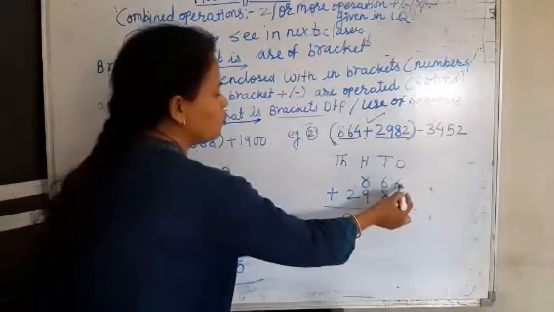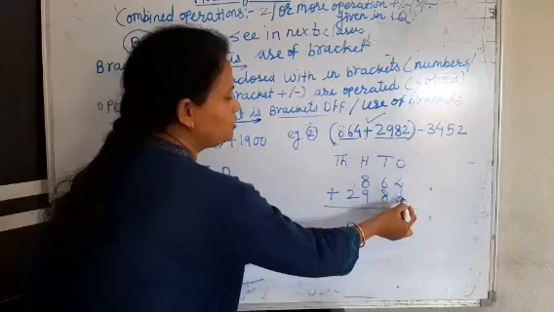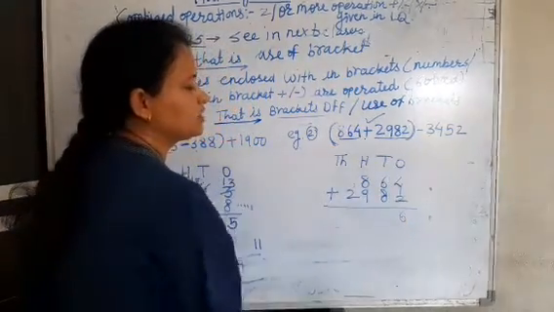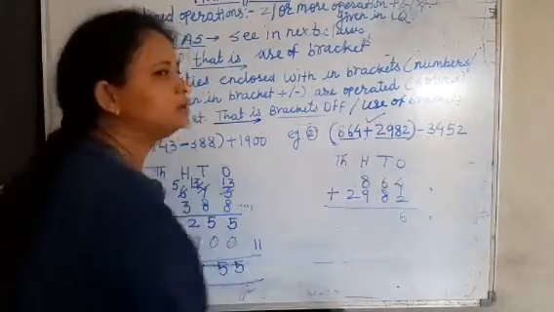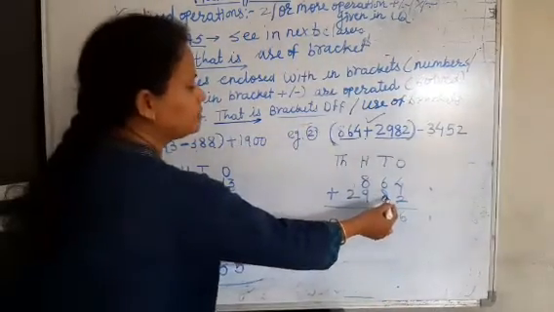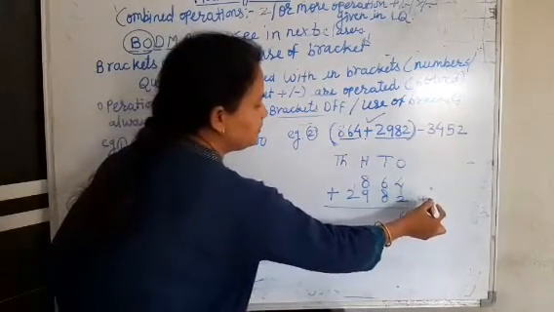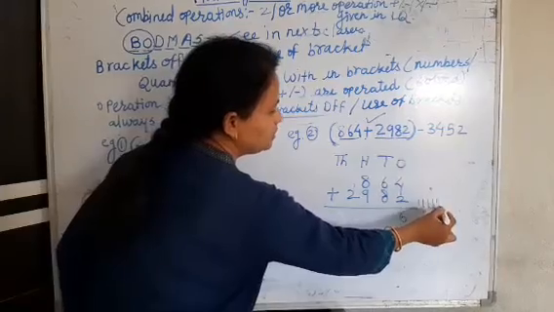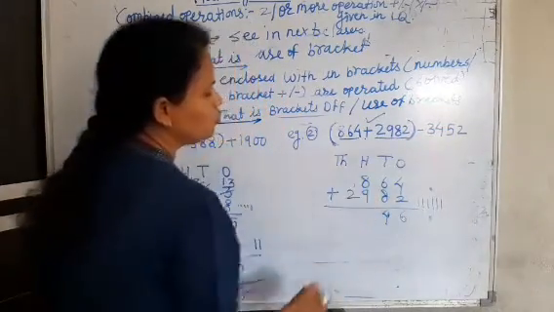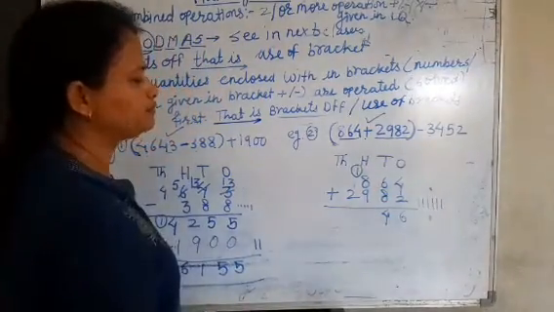We have to start addition from the ones place. 4 plus 2 is 6, 6 plus 8. You can count on your fingers or draw lines. Otherwise, after 8 count 6 fingers: 9, 10, 11, 12, 13, 14. We got 14, so we write 4 here and carry 1 to the next column.